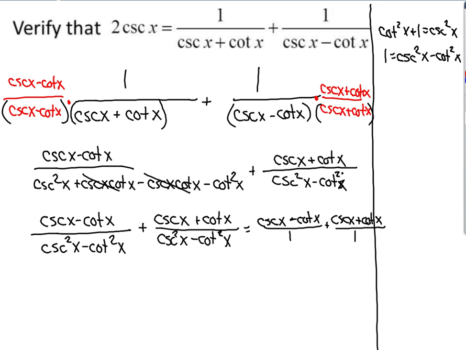The denominator's the same, so we can just add our numerators. Since the denominators are 1, those can basically go away. So we're left with cosecant of x minus cotangent of x plus cotangent of x plus cosecant of x.